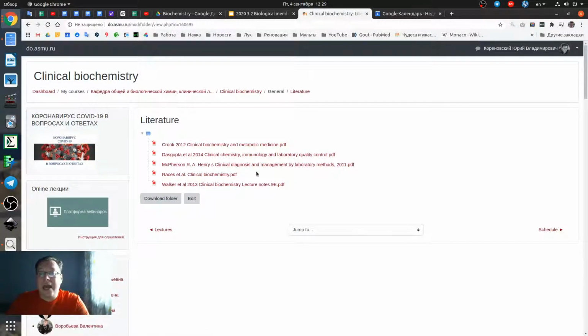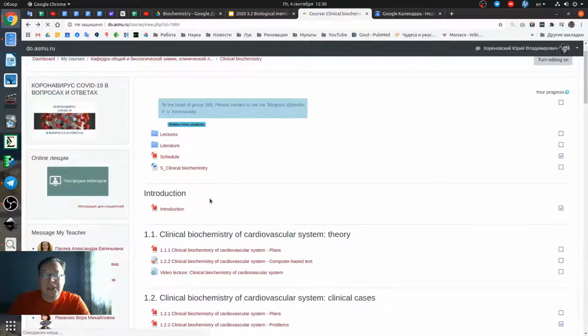But you can use any textbook. They are very similar, with one exception, because this one is a very big textbook which describes different laboratory methods, not only biochemical methods. And the other books, Crook, Dasgupta, Rasek, Walker, are very similar textbooks which you can use.